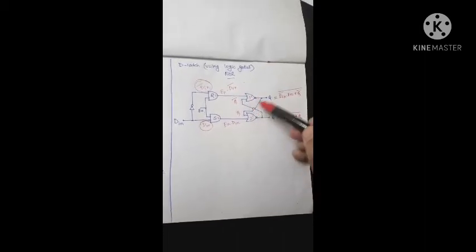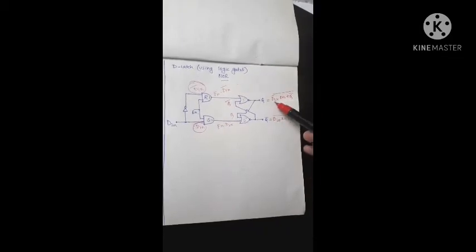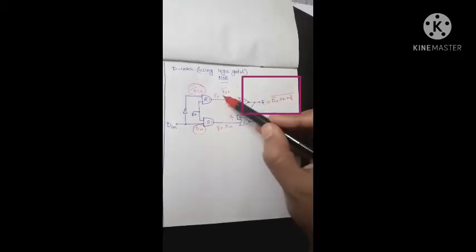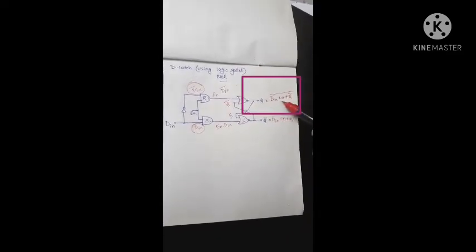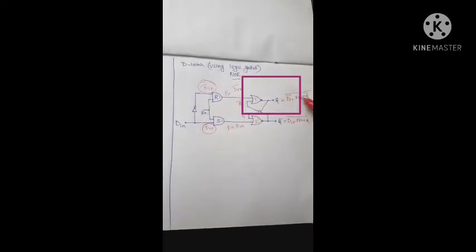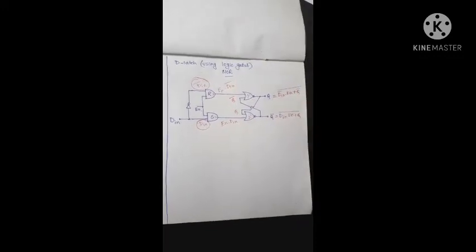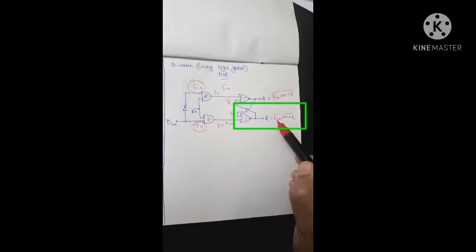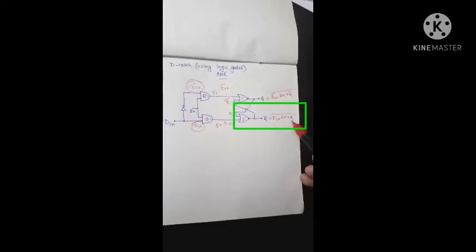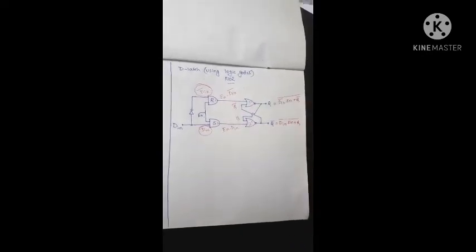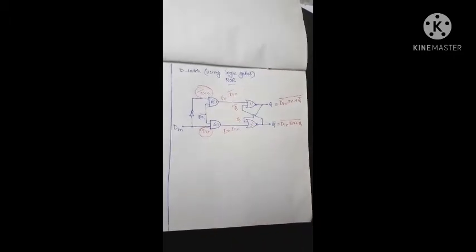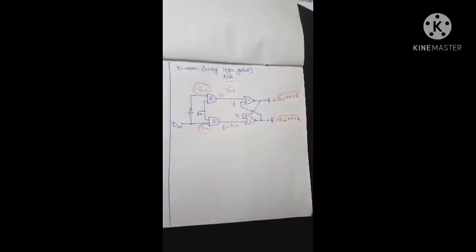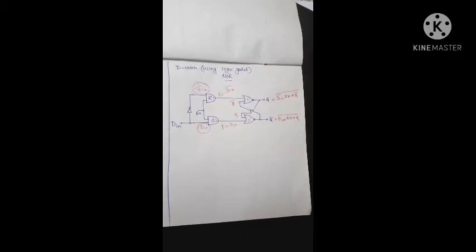Then this 1 prime's output is D in bar dot enable plus Q bar, all inverted. It is a NOR operation, and here we have Q bar equal to D in dot enable plus Q, inverted. Now it is a simple circuit that we have implemented using two AND gates, a NOT gate and two NOR gates.